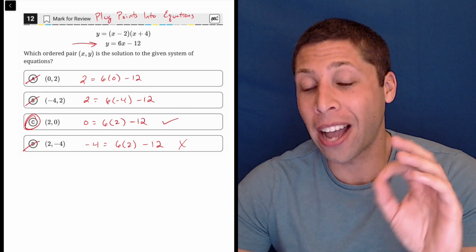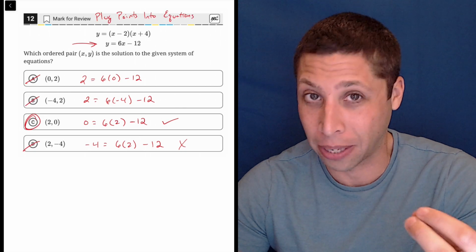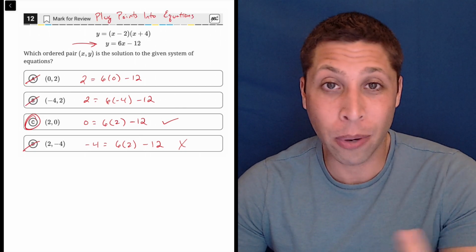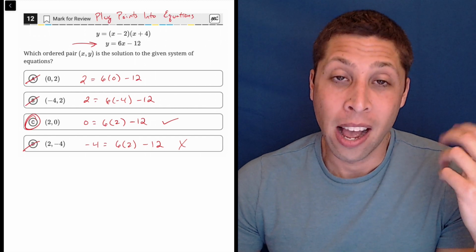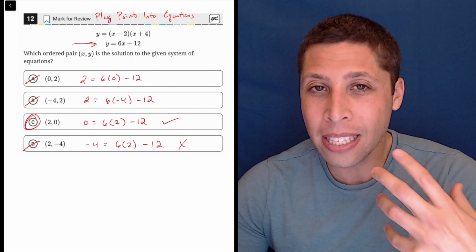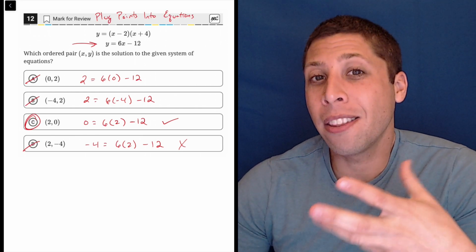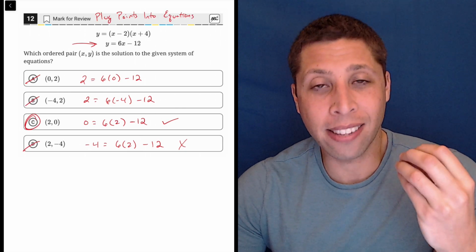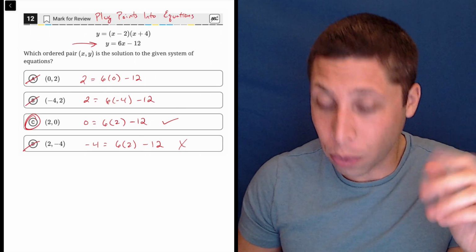And even if I had multiple points that worked, the top equation is not very complicated, so I could plug in whatever's left over and test it the same way. In this case, I feel really confident doing that just because the arithmetic is so easy. But if you don't see those numbers as easily as I do, that's all the more reason to go to the calculator. So let me show you what that would look like.